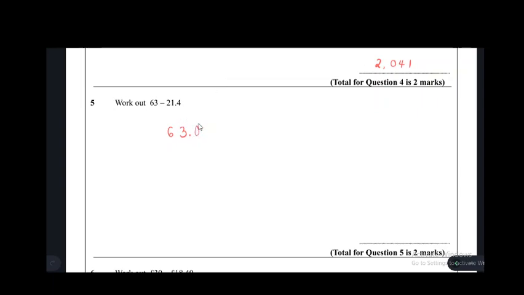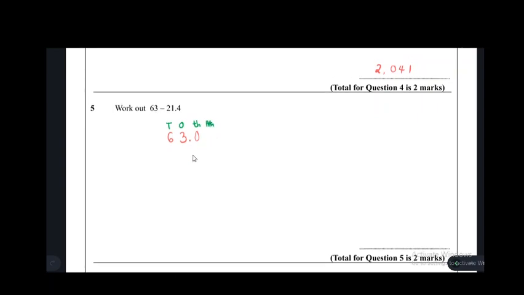So let me just write the place values. Before the decimal point, we have ones. After the decimal point, we have tenths, and then it goes on with hundredths, thousandths.